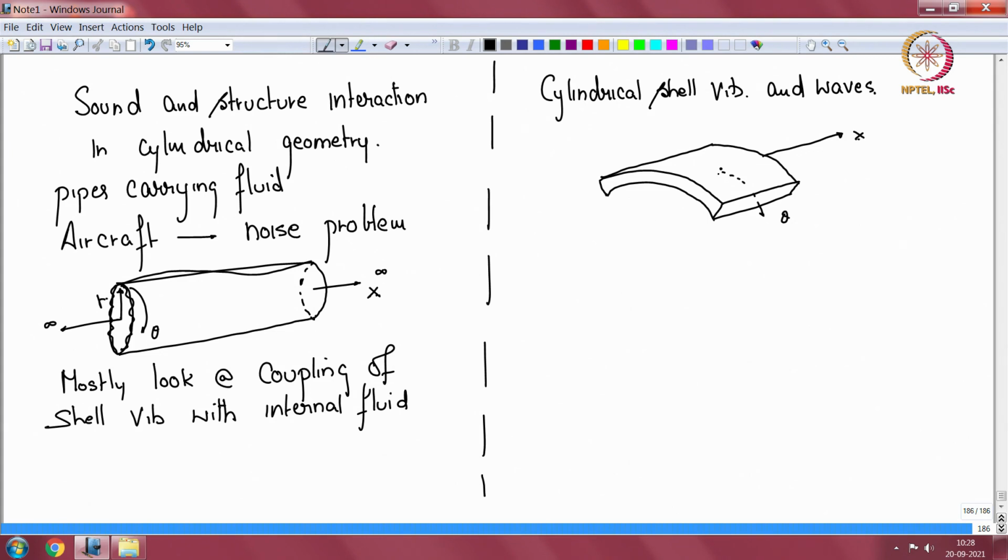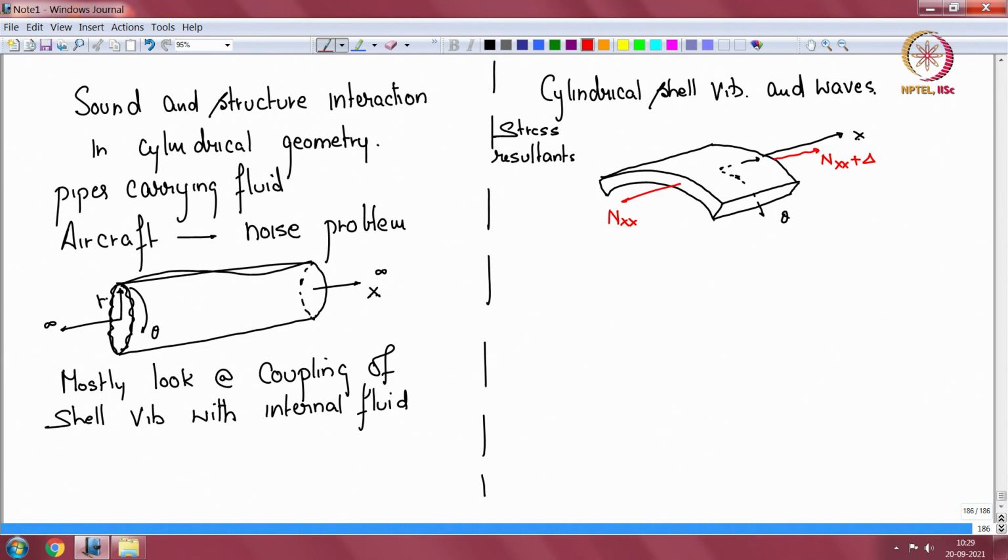Now, I will put my force or stress resultants. If that is the x direction, this will be nxx, this will be nxx plus an increment.